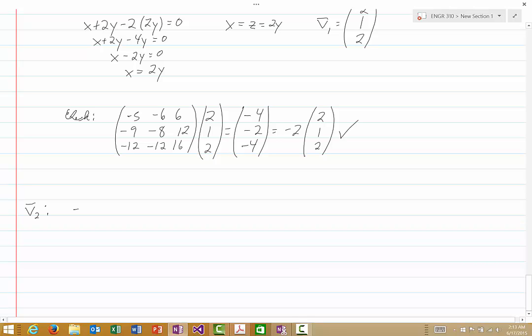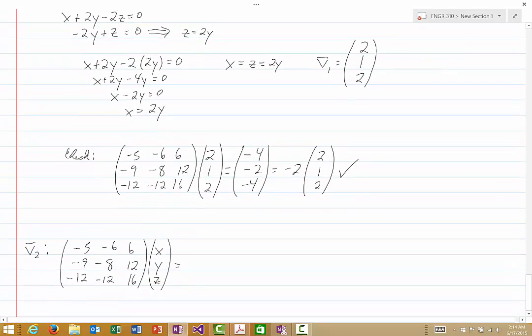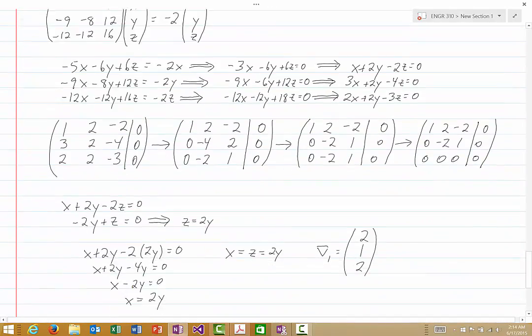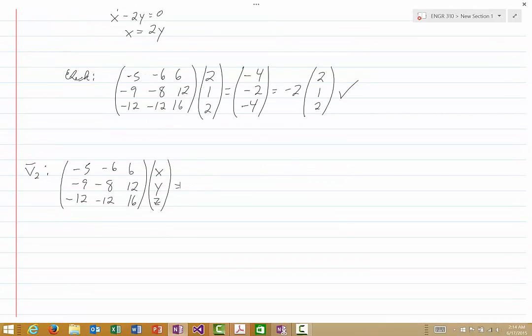So we have negative 5, negative 6, 6, negative 9, negative 8, 12, negative 12, negative 12, 16, times x, y, z is equal to lambda 2 times v2, and lambda 2, recall, is 1. So we have 1 times x, y, z.